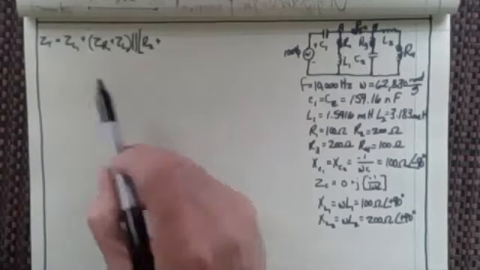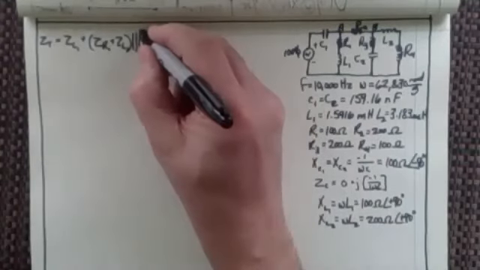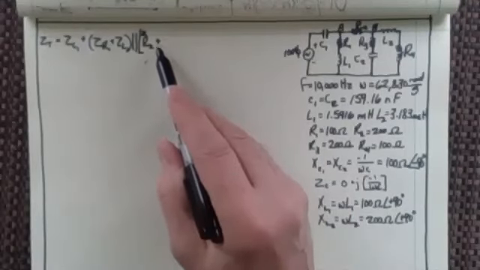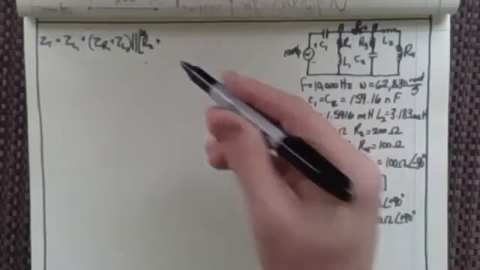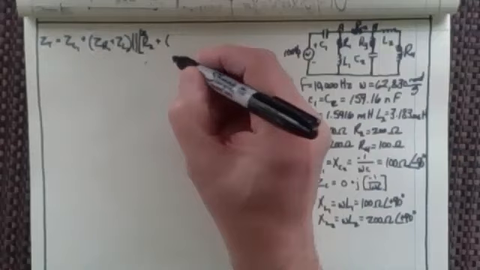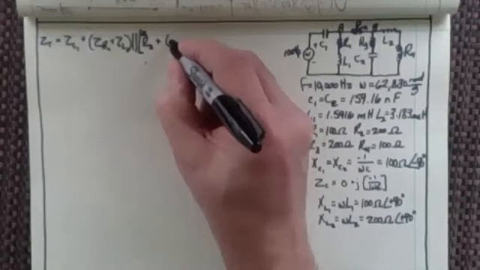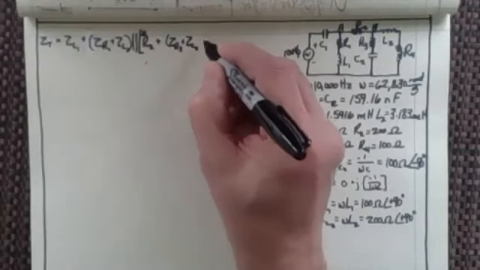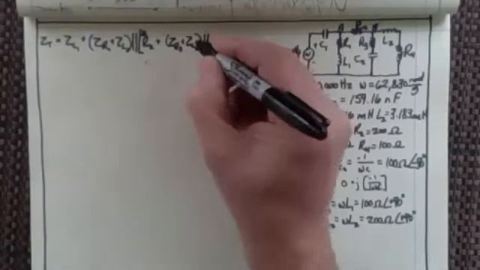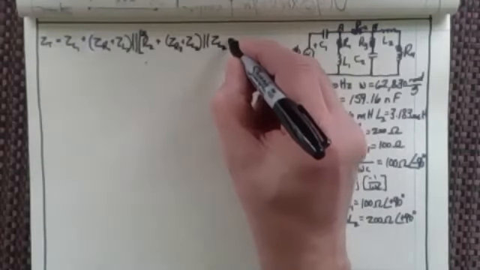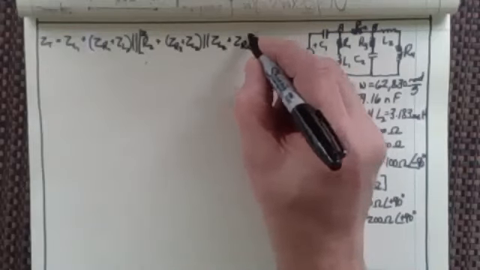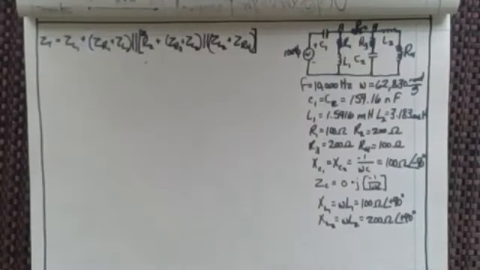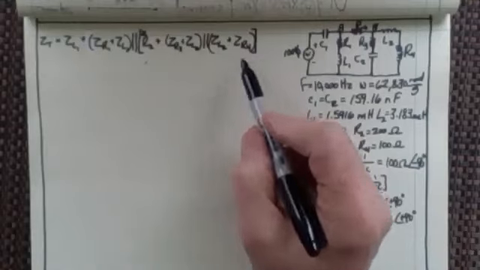So we want a plus there, and I should have put Z of R2, but here I'll put that up there. Z of R2 is going to be in series with these other two parallels. So we have that in series with the parallel branches of Z of R3 plus Z of C2 in parallel with Z of L2 plus Z of R4, right? So that's what we've got. And I'll put a bracket around there so that we know all of the things that we've got here.